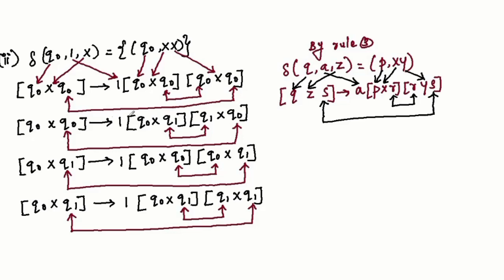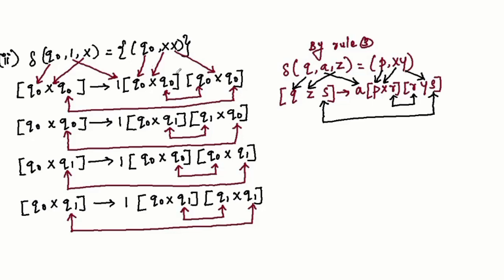Whatever symbols you have written in the first line, make sure to use the same symbols in the remaining 3 lines. Then Q0 X tends to 1 Q0 X X. Similarly, Q0 X tends to 1 Q0 X X. Last line, Q0 X tends to 1 Q0 X X. We have 2 states Q0 and Q1, which gives 4 combinations of states: Q0 Q0, Q0 Q1, Q1 Q0 and Q1 Q1.